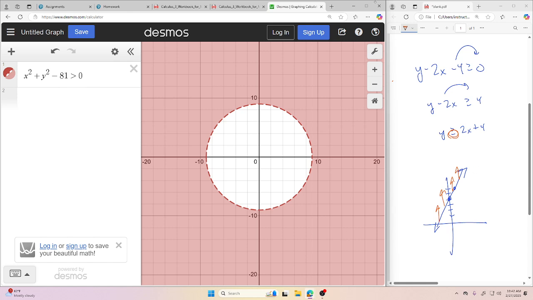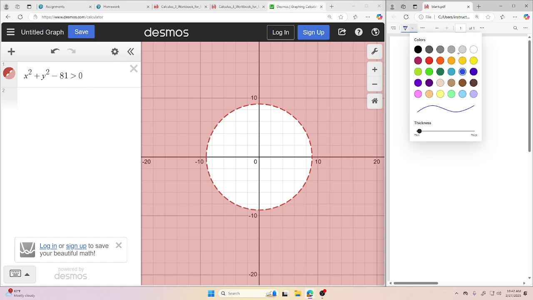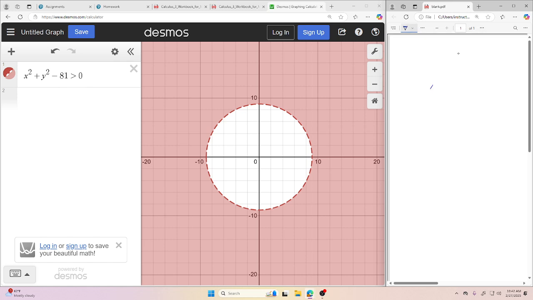But to do this one by hand, it's not really that bad in the end. We know that we have a circle, and if you move that over, you would get a radius of 9. So then again, retain the position of the alligator unless you're multiplying or dividing by a negative number.